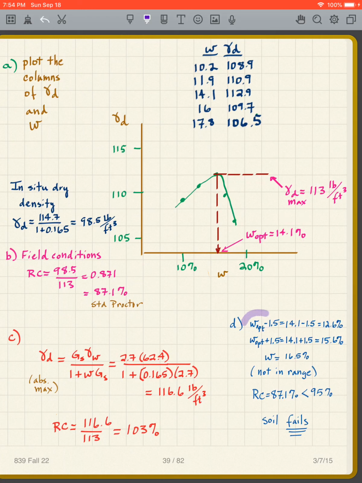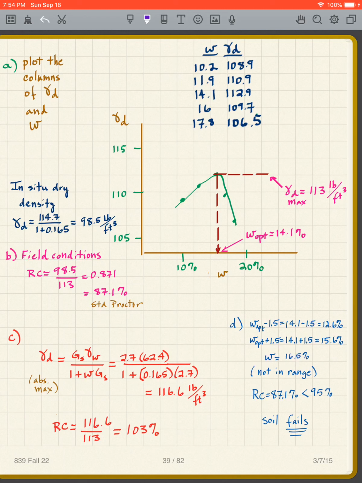So we figure out what is the water content optimum minus 1.5. That's 12.6%. W optimum plus 1.5 becomes 15.6%, but our water content is 16.5%, so it's not in the range between those two values.